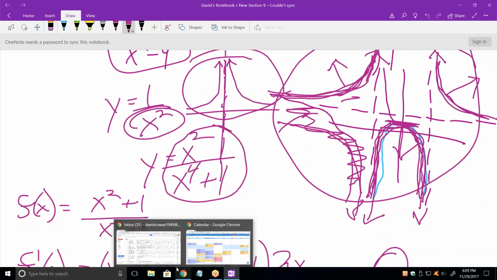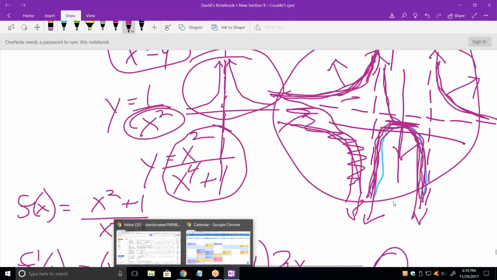Functions can cross the horizontal asymptote. They just can't cross vertical asymptotes. They can also cross oblique asymptotes.